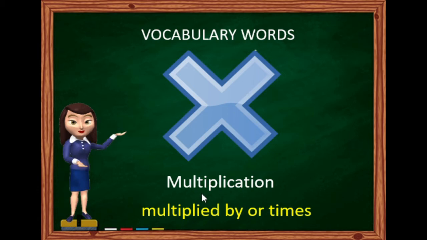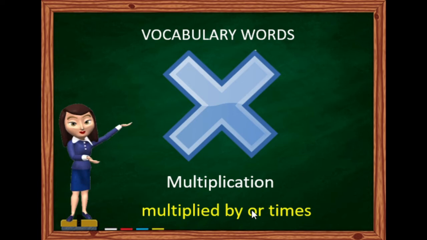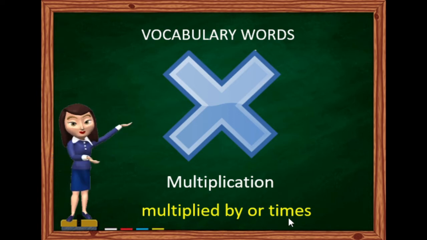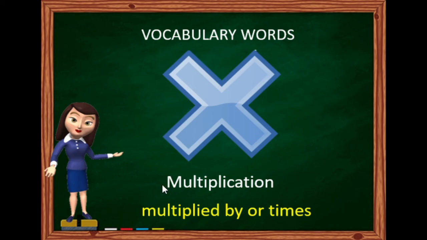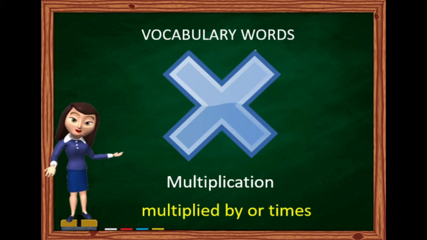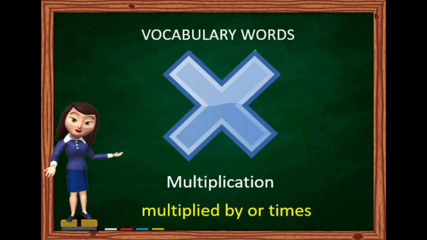Multiplied by or times. Example, 1 multiplied by 1, or 1 times 1. You will not say 1 multiplication 1. That's incorrect. Okay? There. So, those are the important vocabulary words that you need to know first.